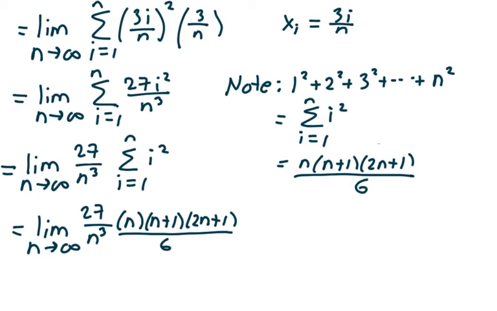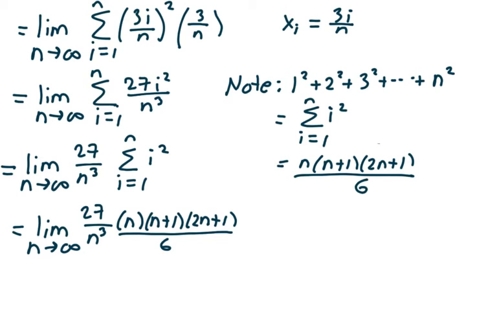And so I'm going to get the limit as n goes to infinity of (3i over n) quantity squared times 3 over n. But 3 squared is equal to 9, and 9 times 3 is 27. So we're going to look at the limit as n goes to infinity of the summation from i equals 1 to n of 27i squared over n cubed.